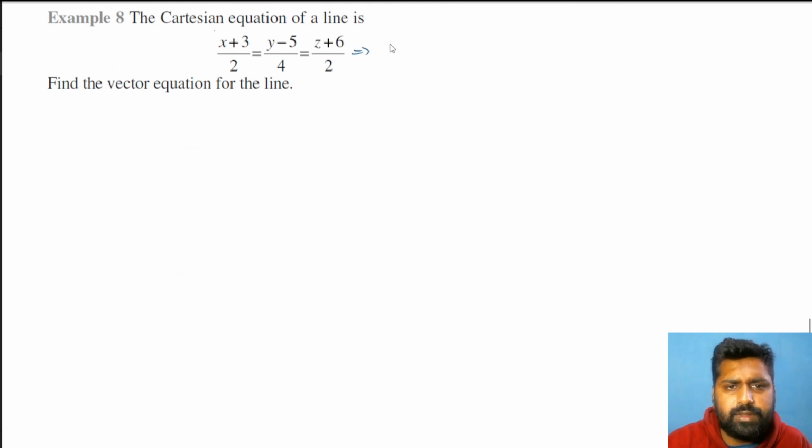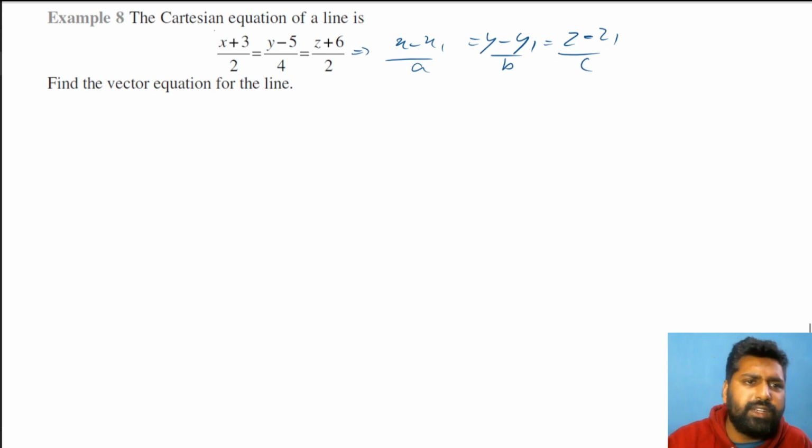If we compare it with this, x minus x1, y minus y1, z minus z1, upon a, upon b, upon c. Basically whatever is written in the numerator is your passing point. Denominator is the direction of the line or components of the b vector.